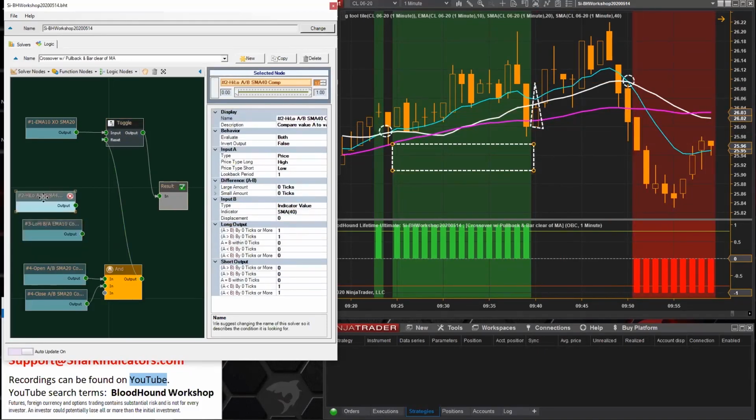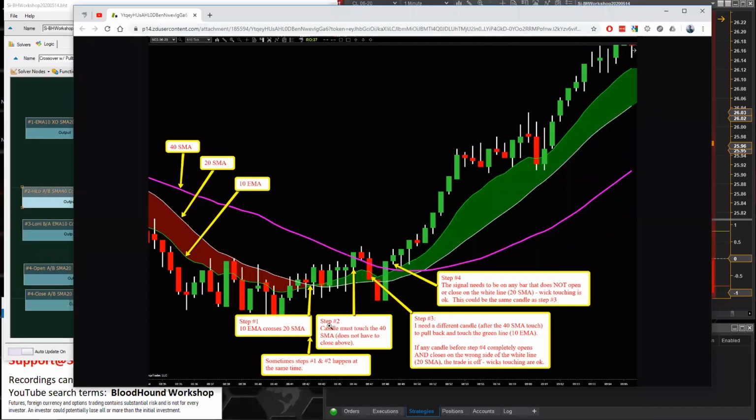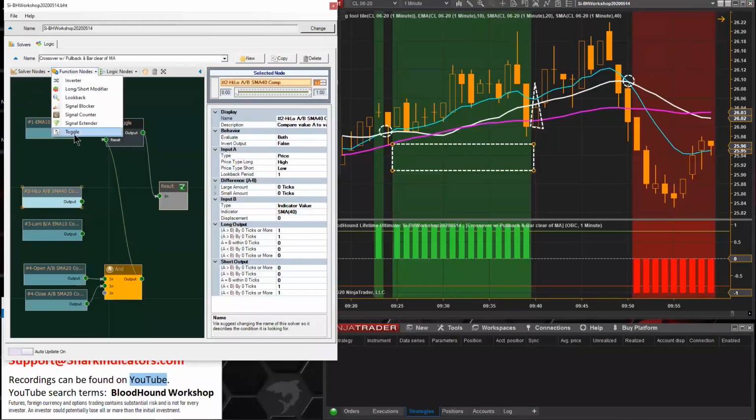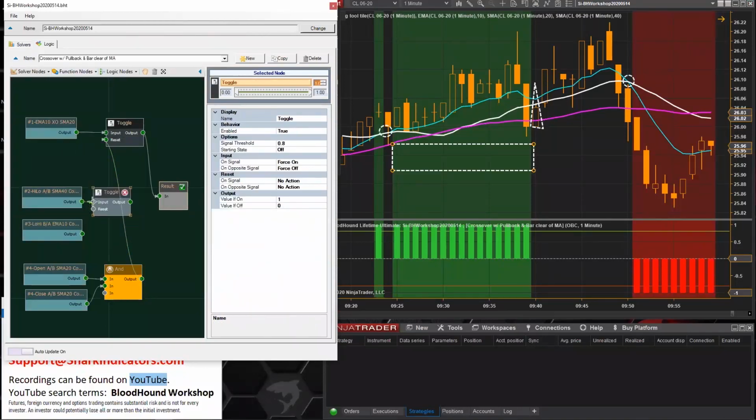We also need to take step number 2: the candle needs to touch the SMA 40. That also needs to be extended forward in time until we get to step 4, the signal bar. So again, let's grab a toggle node and connect that in there.